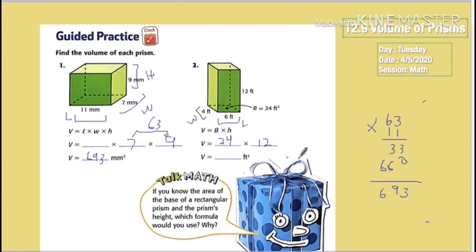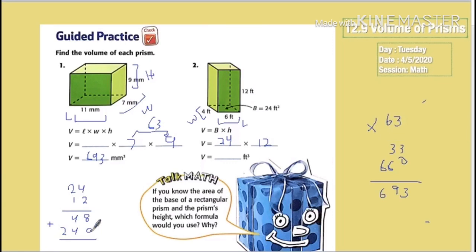I will go ahead and solve that here. 24 times 12. 2 times 4 is 8. And then 2 times 2, 4. Hold my 0. 1 times 4, 4. 1 times 2, 2.